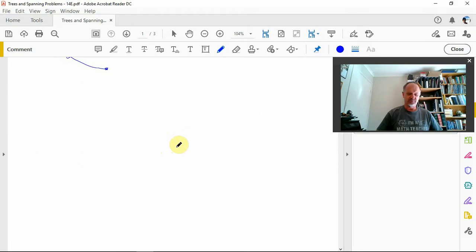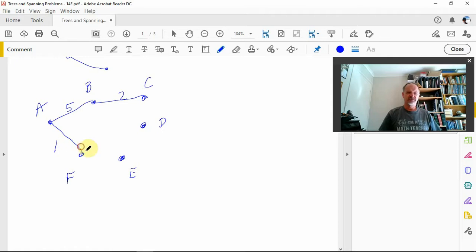So if, for example, I've got a graph like this, A, B, and C, and they're connected, 5 and 2. We've got another vertex here that's called D, another one here that's called E, and another one here that's called F. And so there's some connections between various things.